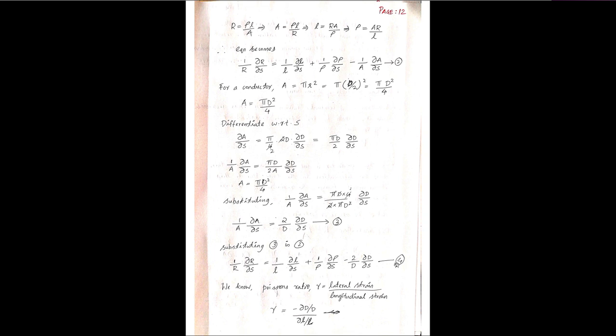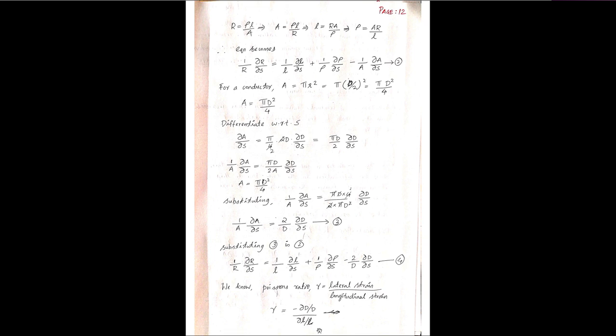Okay. And previously we have already told Poisson's ratio, it is defined. Poisson's ratio nu is defined as lateral strain by longitudinal strain. That is minus dou d by d divided by dou l by l.